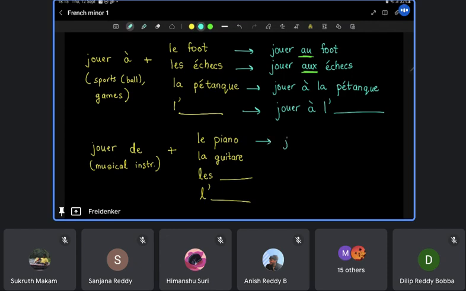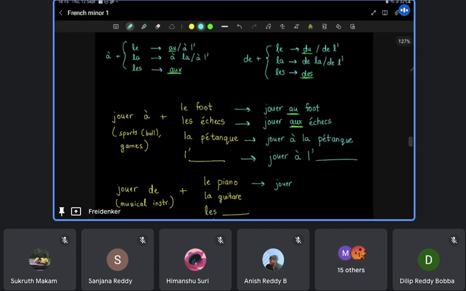This will become jouer de. If you look at this cheat sheet, you will realize de le becomes du. Yeah, I'm talking about this sheet. This has the rules for how things get converted.